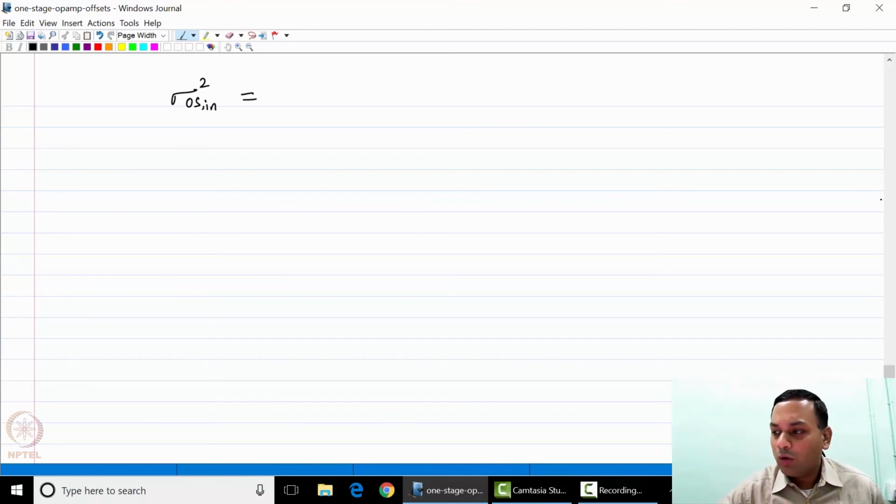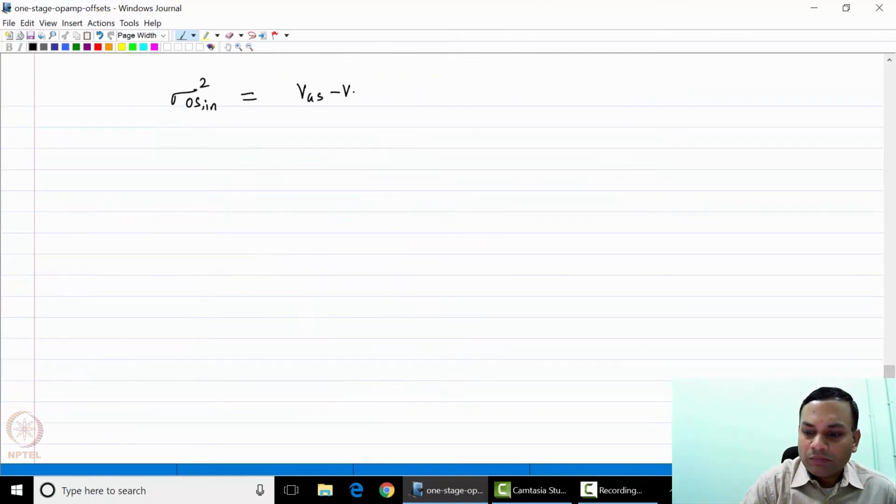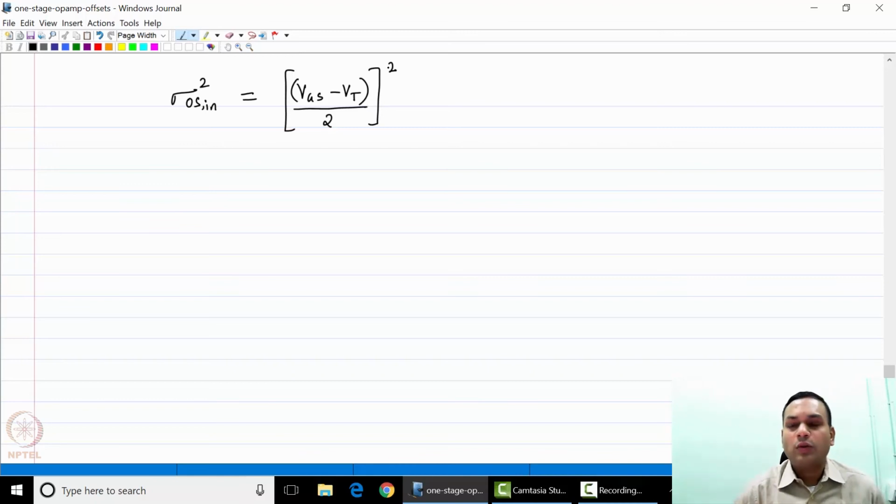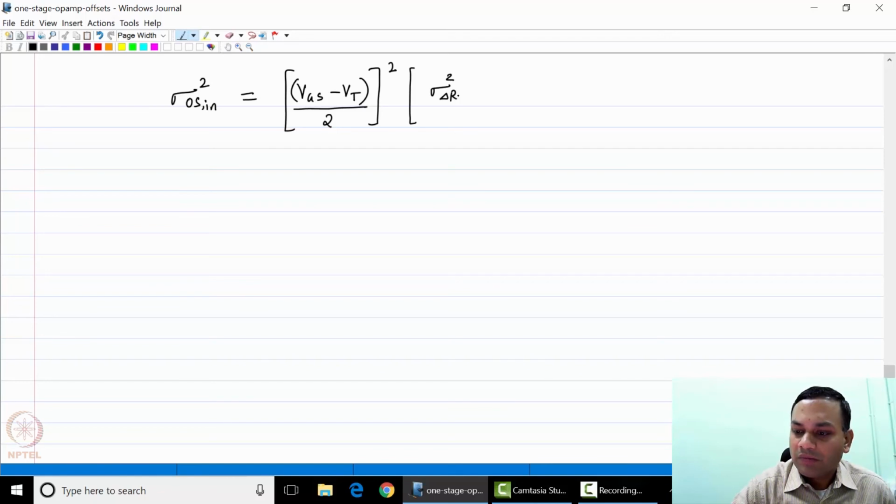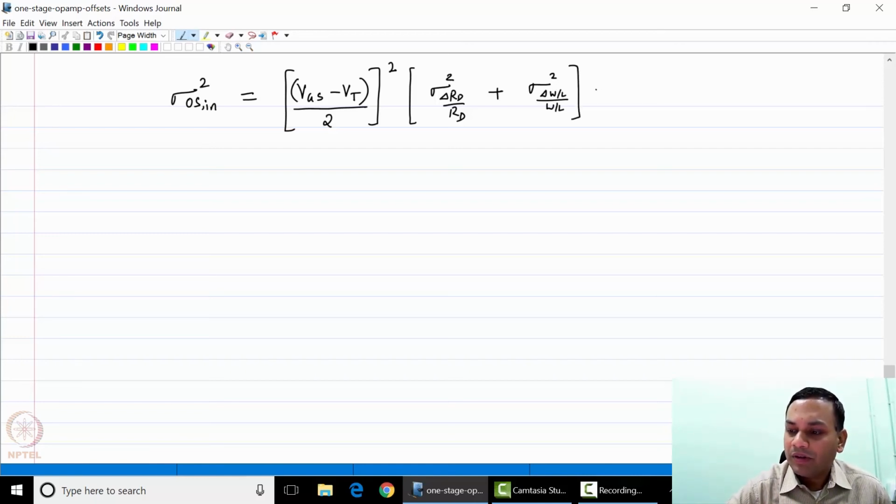So sigma squared OS in is VGS minus VT by 2 the whole squared times sigma squared delta RD by RD plus sigma squared delta W over L or W over L plus sigma squared VT.